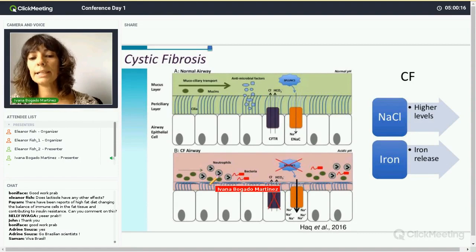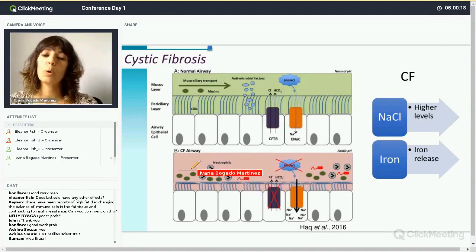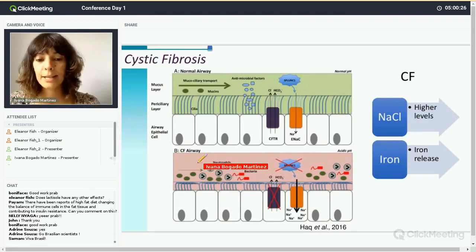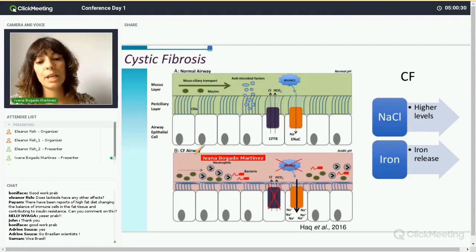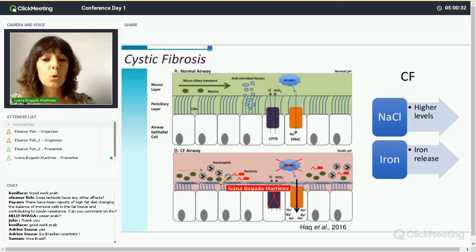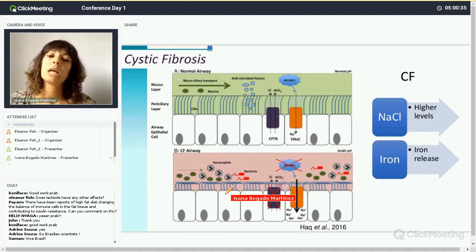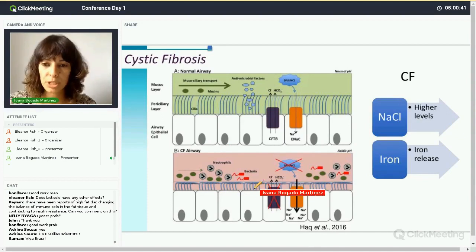So it's difficult to remove these pathogens, and we attract some inflammatory cells to the site, and we start here an inflammation process that's very difficult for the patient because we have a very tight mucus, and it's difficult for this patient to breathe.